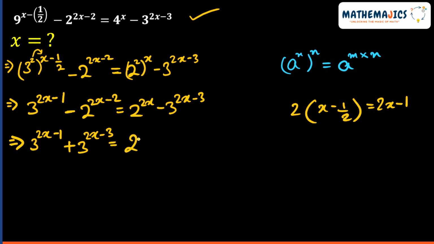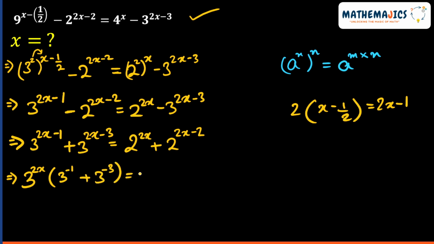This is equals to 2 raised to power 2x plus 2 raised to power 2x minus 2. Now we can take 3 raised to power 2x common and we will be left with 3 raised to power negative 1 plus 3 raised to power negative 3. This is equals to 2 raised to power 2x common from these two terms and we will be left with 1 plus 2 raised to power negative 2.